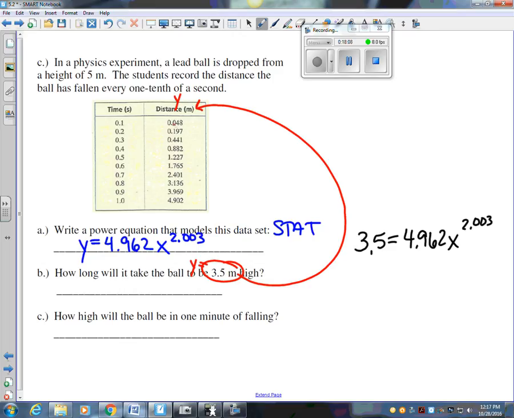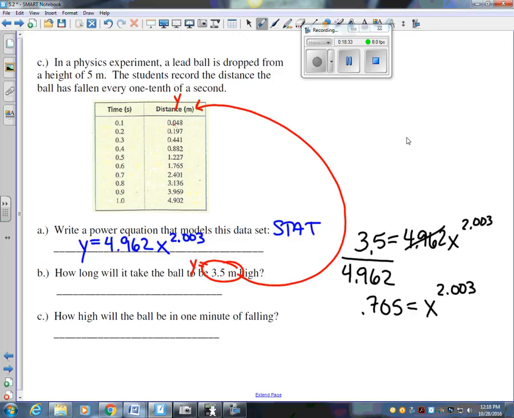I need to solve that for x. The first thing I do is divide by 4.962, and that gives me 0.705 equals x to the 2.003 power.